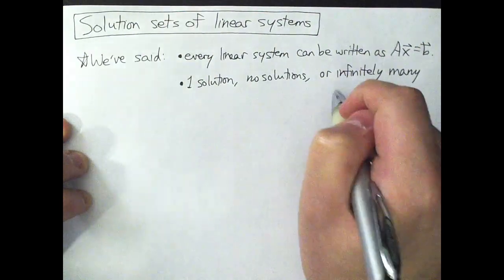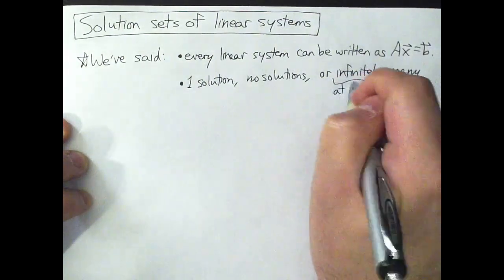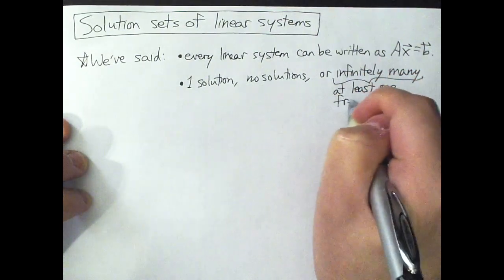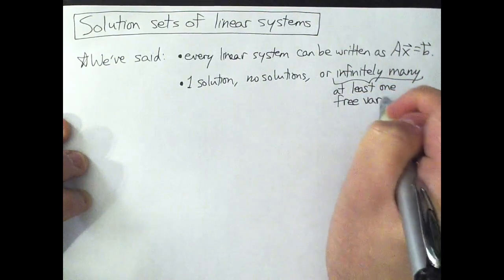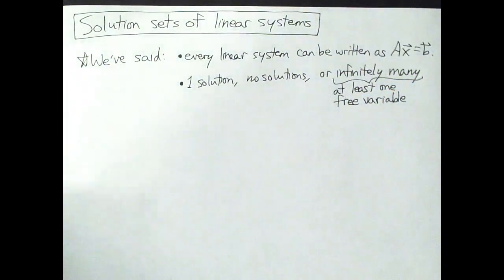And when there's infinitely many solutions, that happens because there is at least one free variable. You remember we talked about free variables and basic variables? I guess this is a course that has a lot of definitions, a lot of terminology.